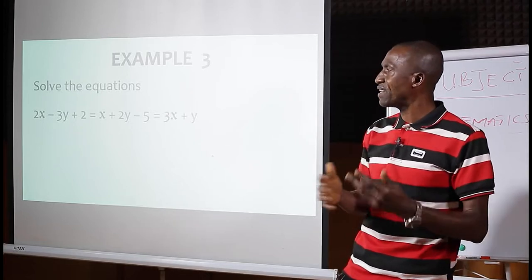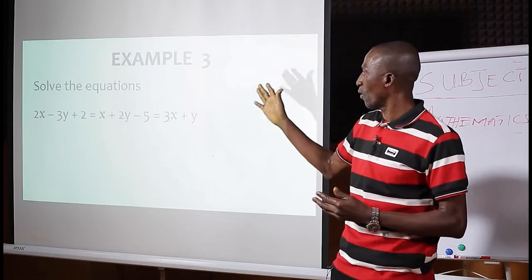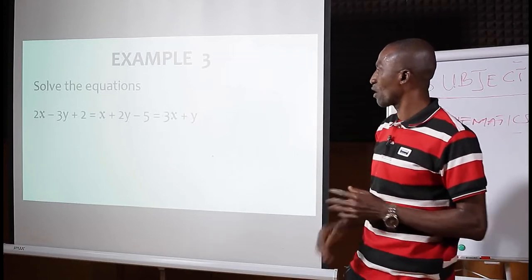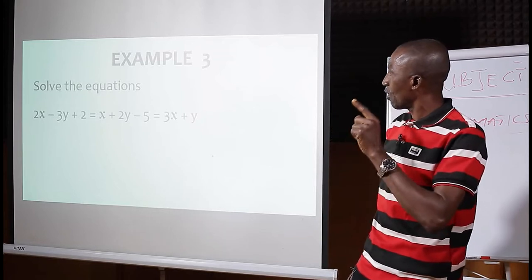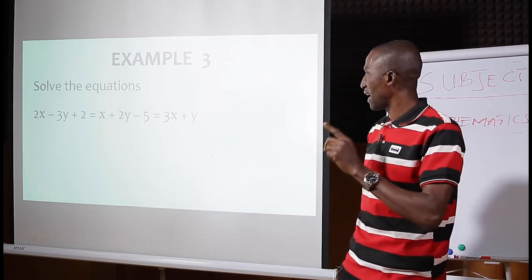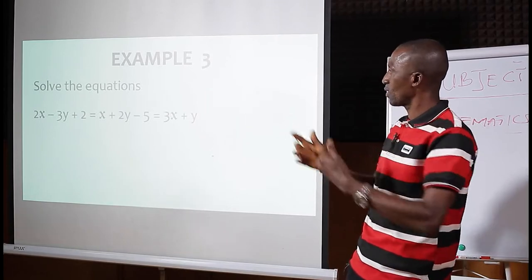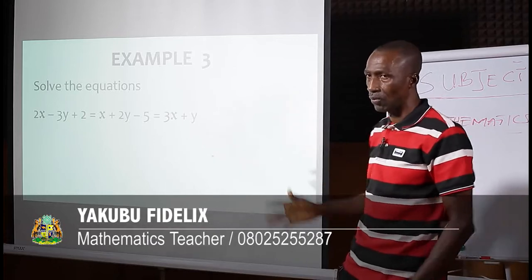So by recalling the 2 rules, we can now go forward to find the solutions of these equations. And don't forget, each example of simultaneous linear equations under the elimination method is different. The first example we worked was different from the second one, and the second one is also different from this third one.